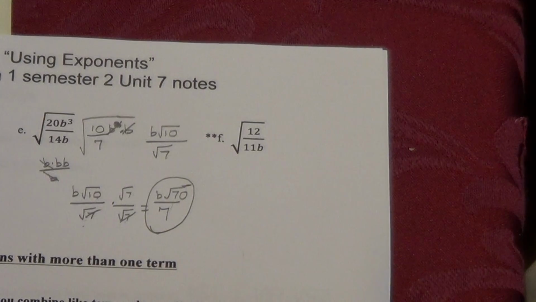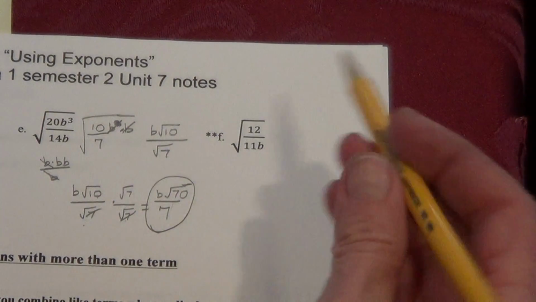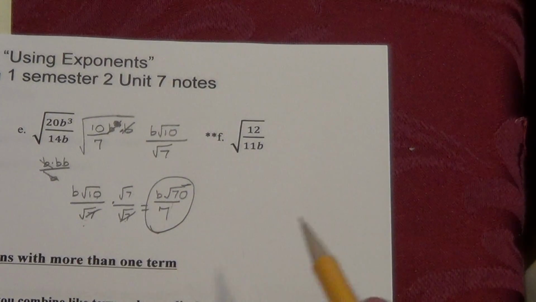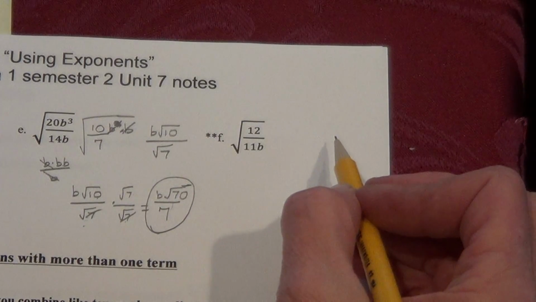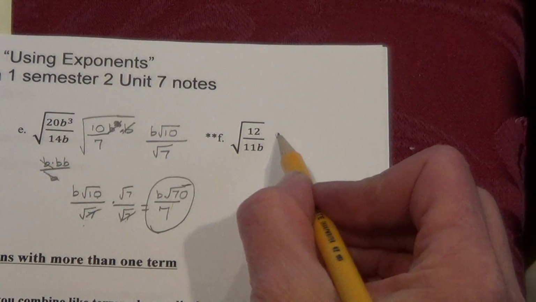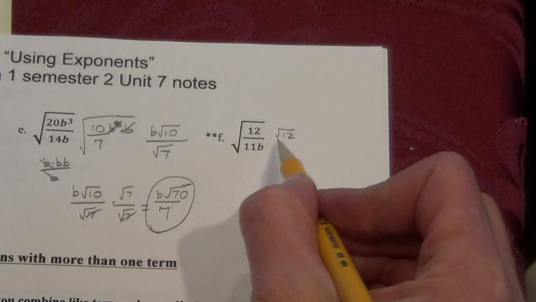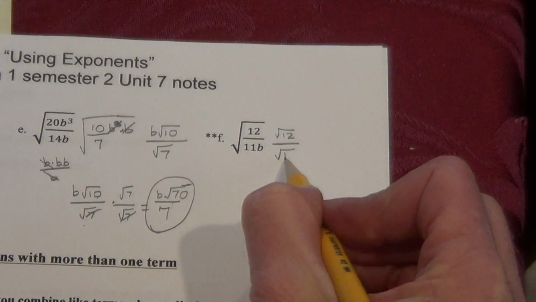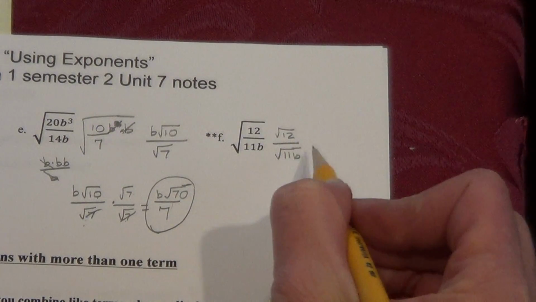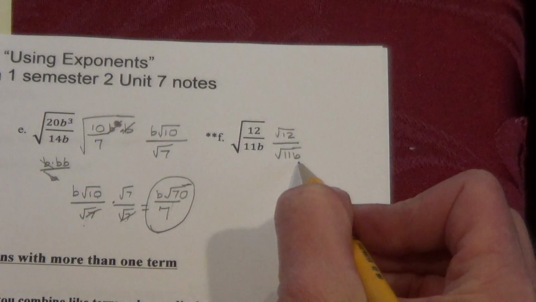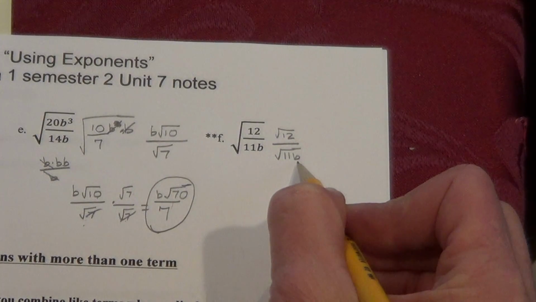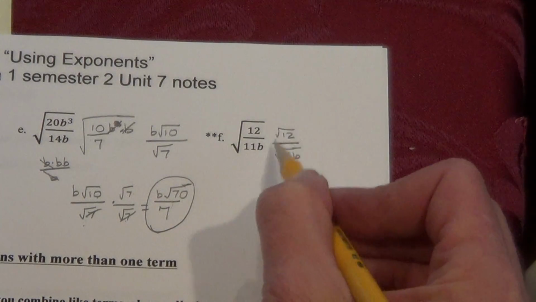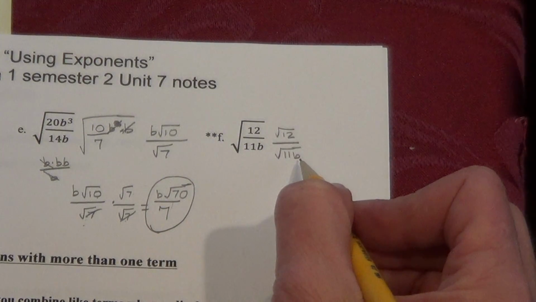Okay, last one here. We have radical 12 over 11b, and we could split these up. Radical 12 over radical 11b. We have a problem. We can't leave that as our answer. Number one, there's a radical expression in the bottom of the fraction, in the denominator.